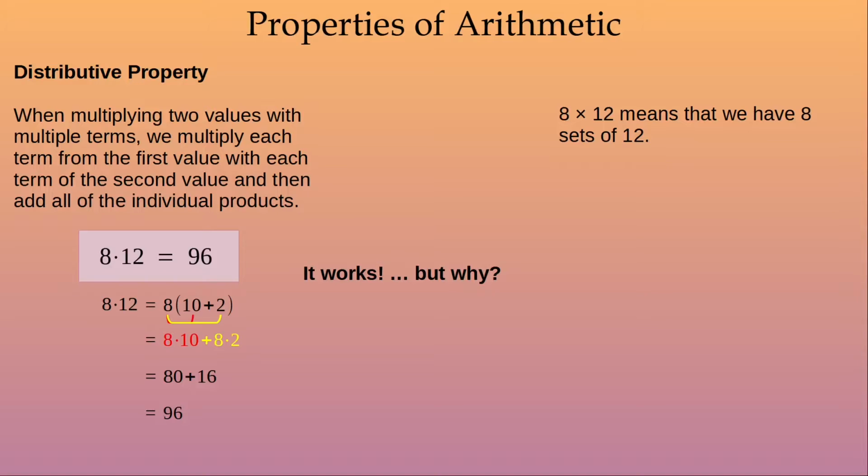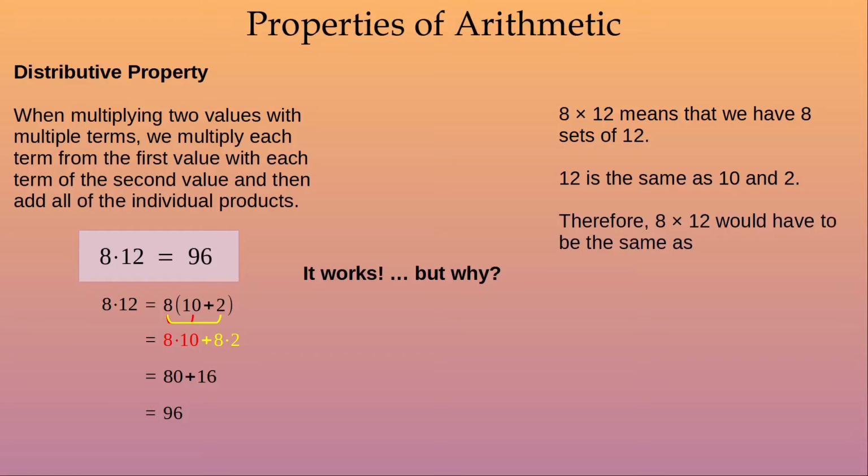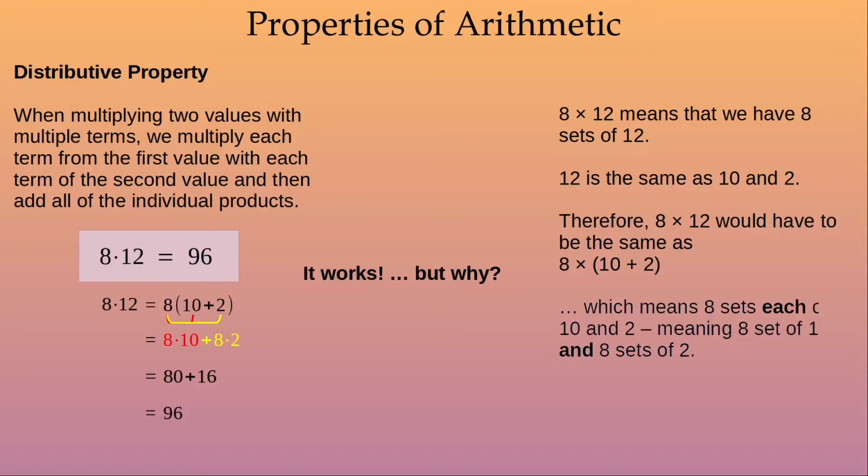There's 8 of those in total, right? 12 is just the same thing as 10 and 2. Therefore, 8 times 12 would be the same as 8 times (10 plus 2), as we said earlier, which means 8 sets each of 10 and 2. I'm going to have 8 sets of 10 and 8 sets of 2.